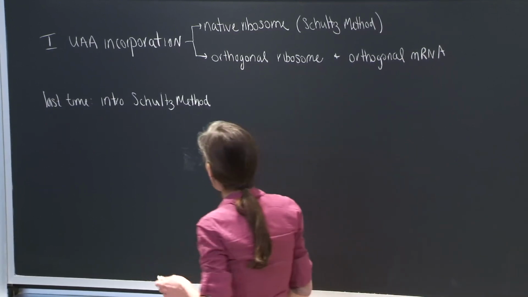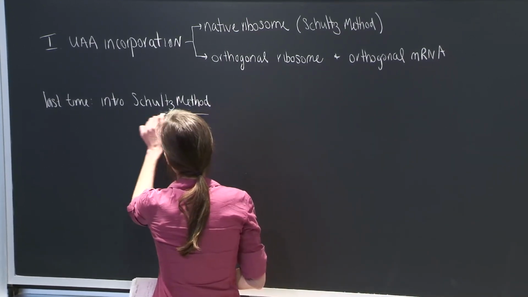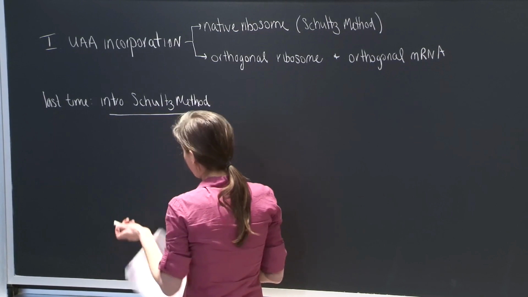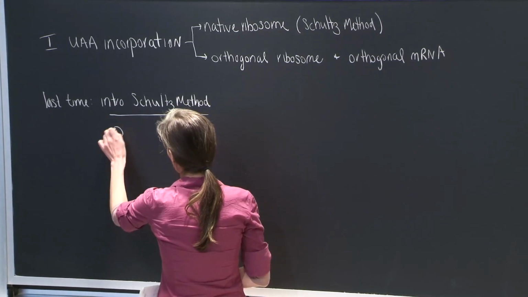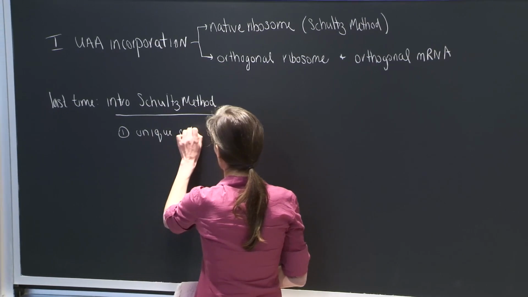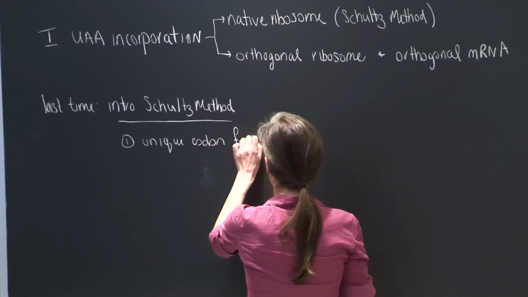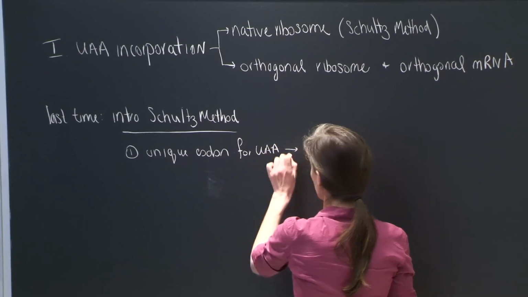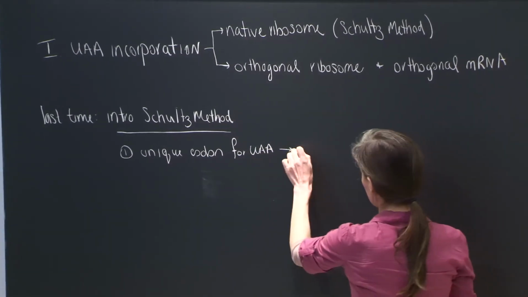So where we left off last time in terms of this Schultz method was that we needed a unique codon for the unnatural amino acid, right? And a stop codon was reassigned.